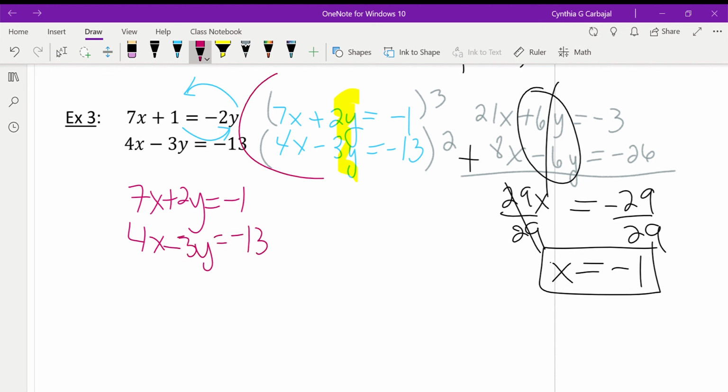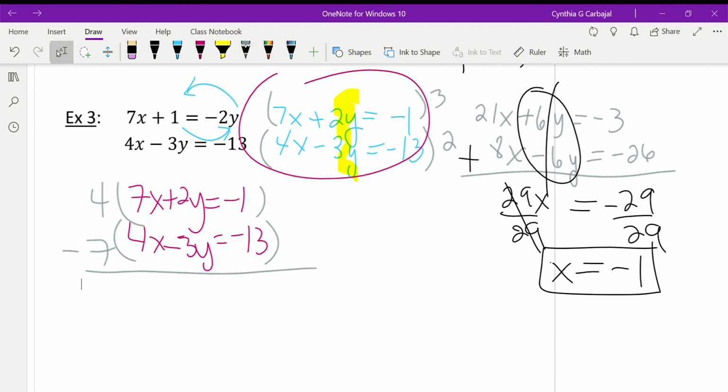So I'm focusing here again, but now we're focusing on the x's, and I want to see, is there a lowest common multiple between 4 and 7? 7 times 2 is 14, times 3 is 21. Nope. So I guess this is going to have to be times 4, and this one's going to have to be times 7, so then I can get 28. But one of them has to be negative, so I'm just going to make this bottom one negative.